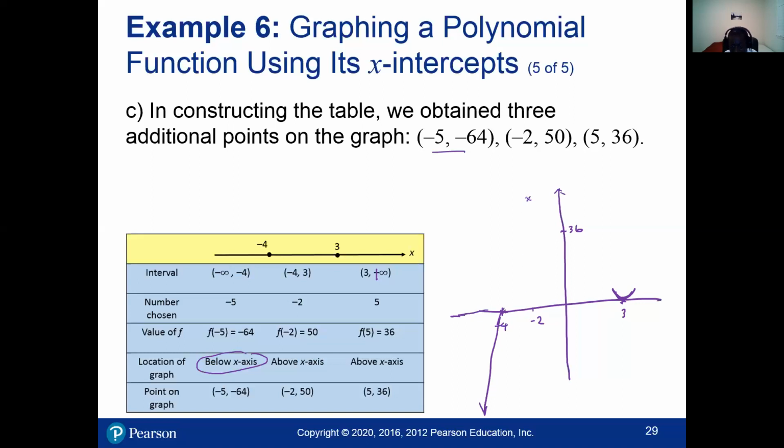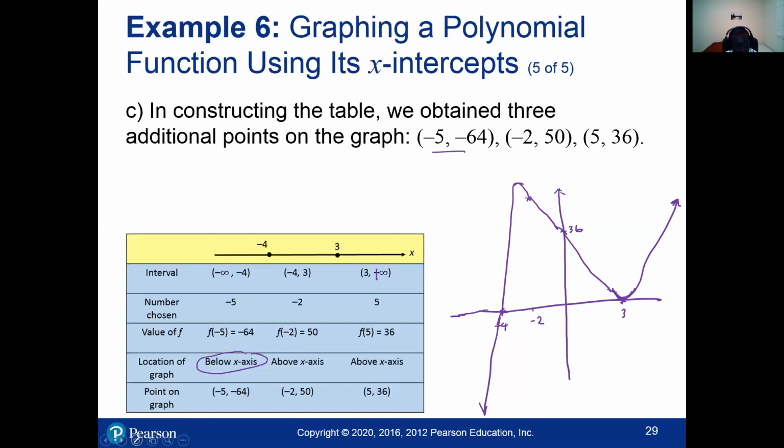At -4 it crosses and turns somewhere. Between -4 and 3 it's above the x-axis, and between 3 and positive infinity it's also above the x-axis. So we get a graph like that.